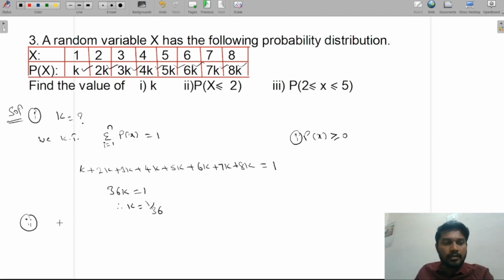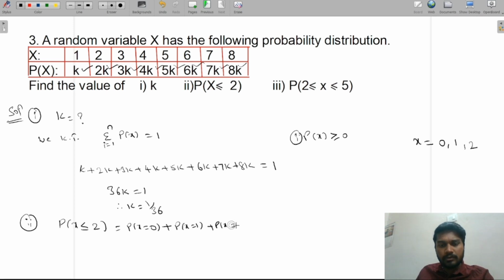What is it asking? P of x less than or equal to 2. So what are the values of x? 0 and 1 and 2. So it is equal to p of x equal to 0 plus p of x equal to 1 plus p of x equal to 2. At x equal to 0, what is the probability?